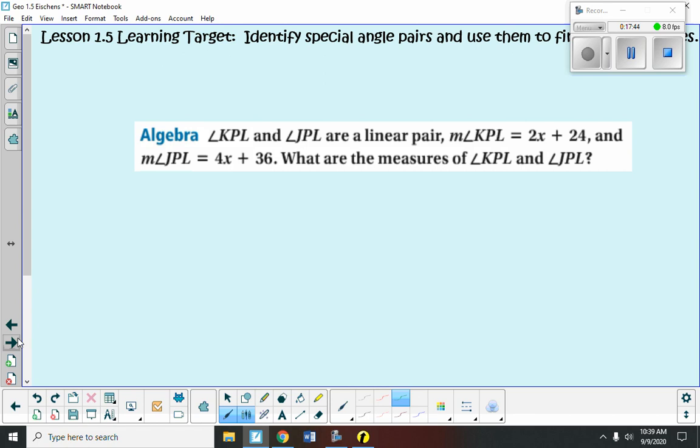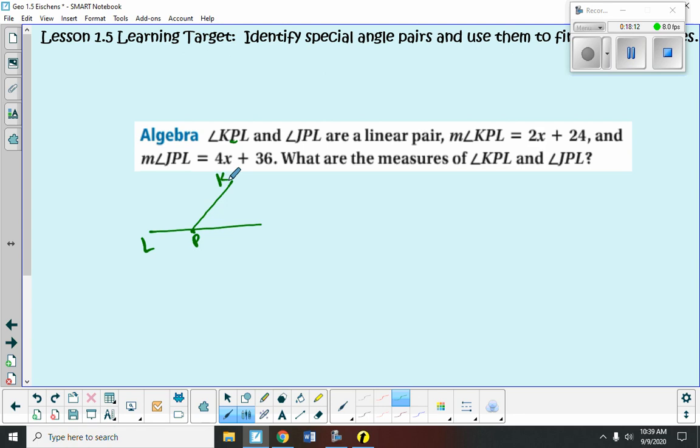Now remember I said it's always good to draw a picture. This one we actually wouldn't need to, but it says they're a linear pair, so I'm just going to do this. So KPL, P is in the center, P is the vertex. Something's wrong here.